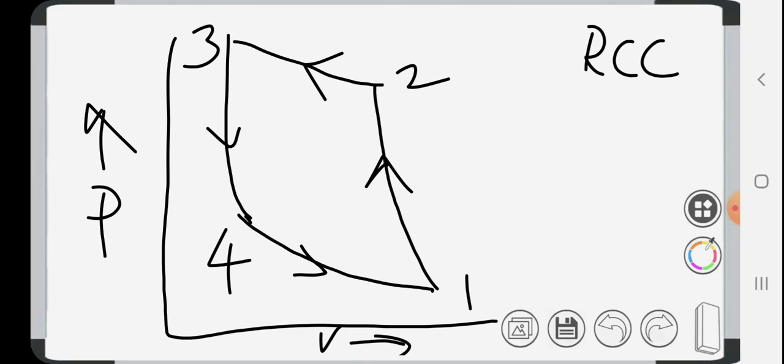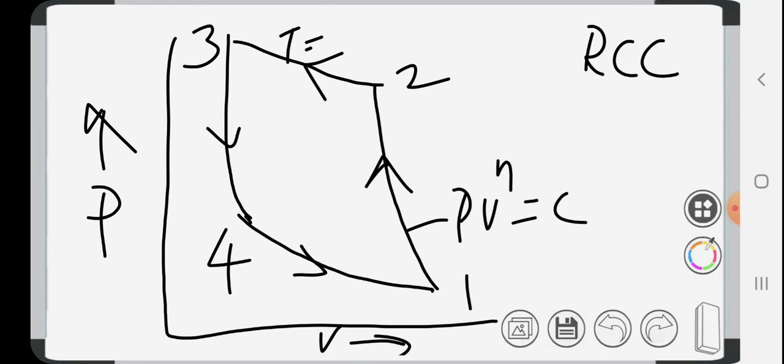So this is a reversible adiabatic compression, right? Since volume is getting reduced, it means compression. Pressure is increasing, right? So reversible adiabatic compression, PV raised to n equal to constant.